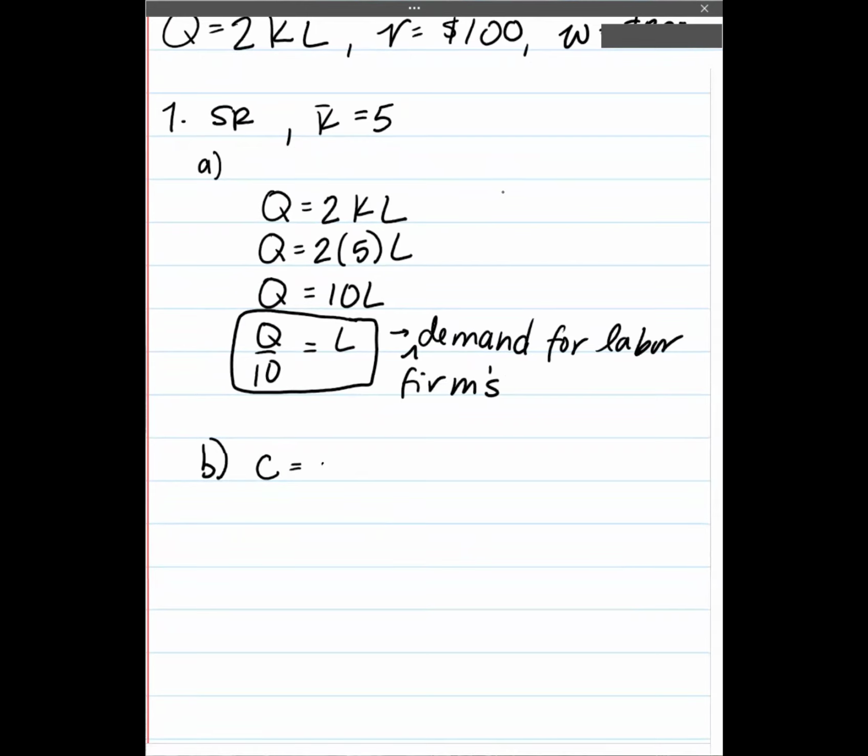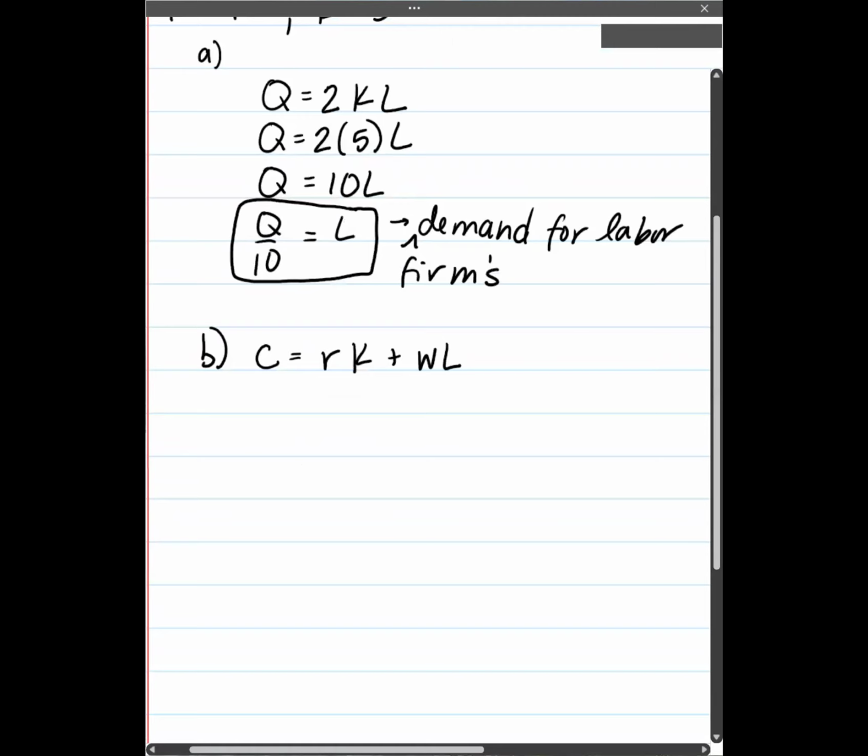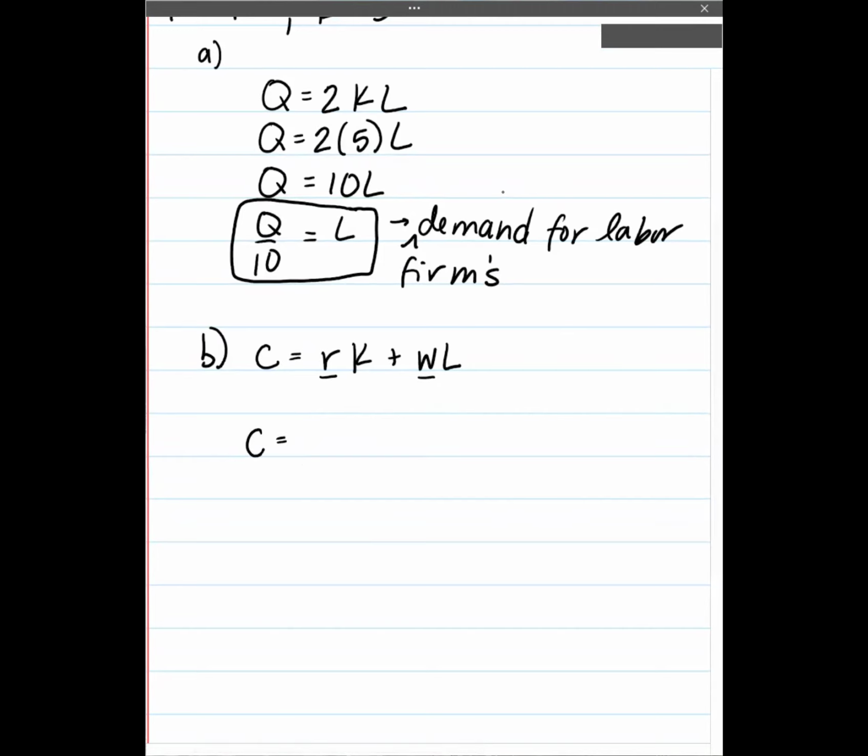So total cost is equal to the rental price of capital times the amount used plus the wage times the amount of labor employed. We're given the rent and the wage as part of our givens for this practice problem set.